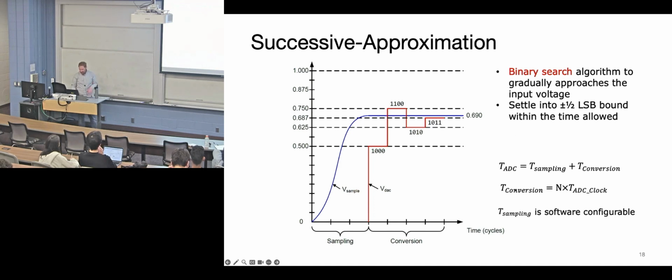So in this case, we have some sample and hold. So sample time, conversion time. Conversion time is in some ways non-deterministic. Well, that's not true. You don't know beforehand if you're going to converge quickly or slowly. If it happens to be the worst possible choice for a binary search, it could take you your entire bit length to get there. So if you had a 16-bit ADC, it might take you all 16 steps to find that value.